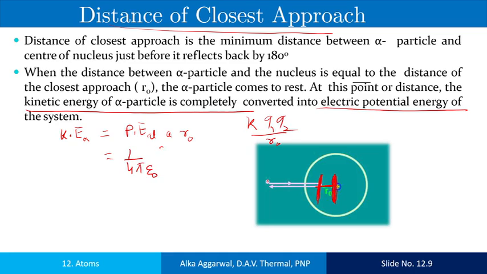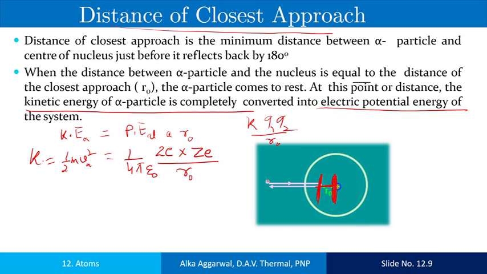Q1 is the charge of the alpha particle, which is 2 times the charge of the proton. Q2 is the charge of the nucleus; if Z is the atomic number, then the charge of the nucleus is Ze. The distance is r naught. The kinetic energy of the alpha particle is half m v alpha square, or we can take it as K.